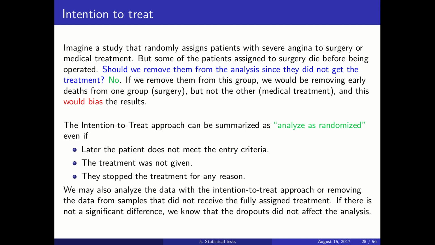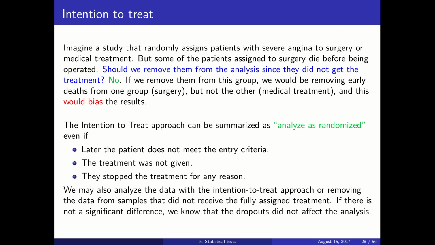There is another problem with survival analysis, that is the intention to treat. Let's say that you are making a study that randomly assigns patients with severe angina to surgery or medical pharmaceutical treatment. Some patients assigned to surgery die before being operated.